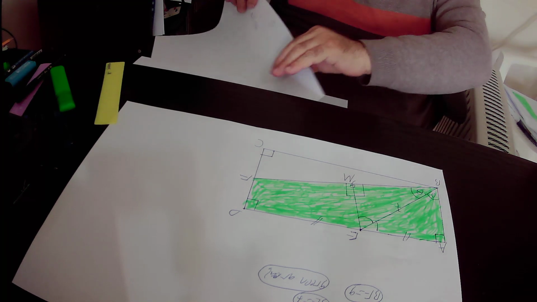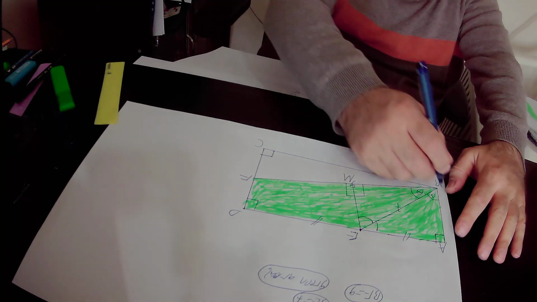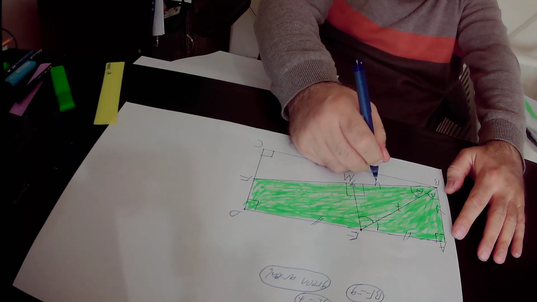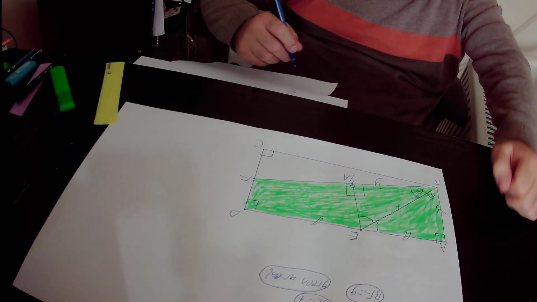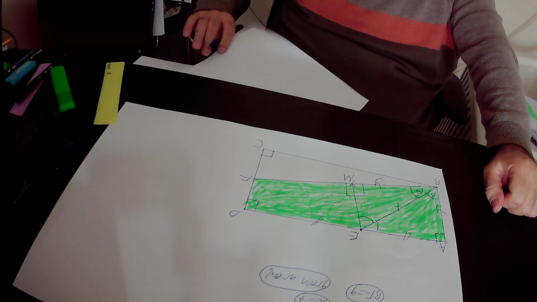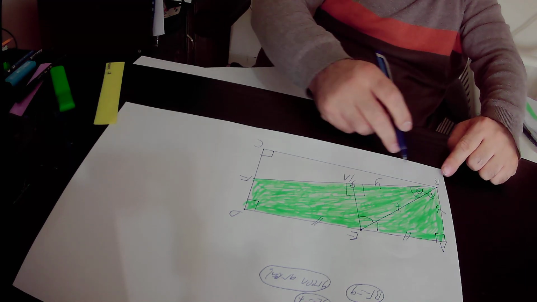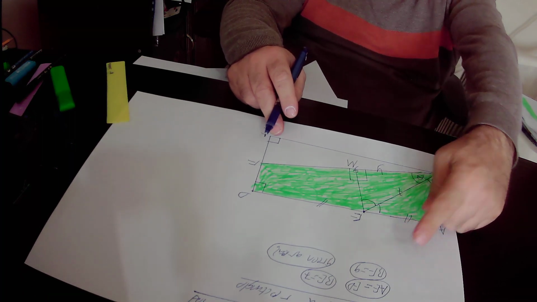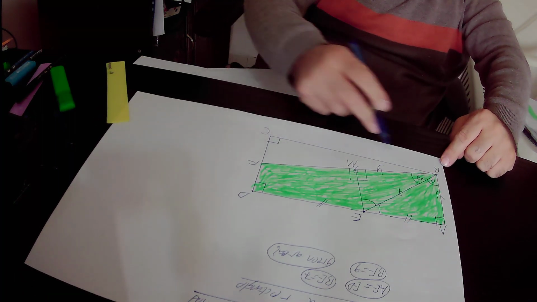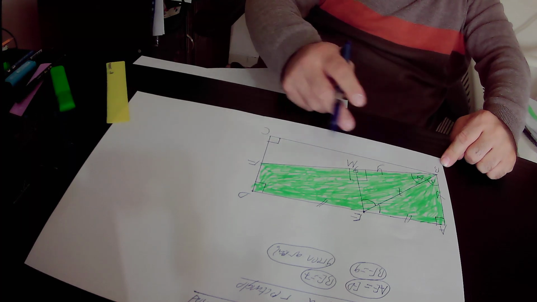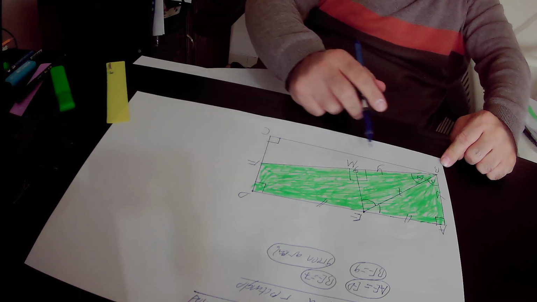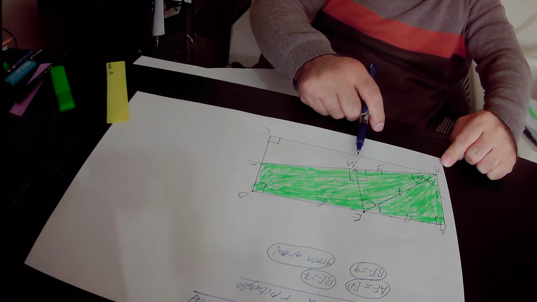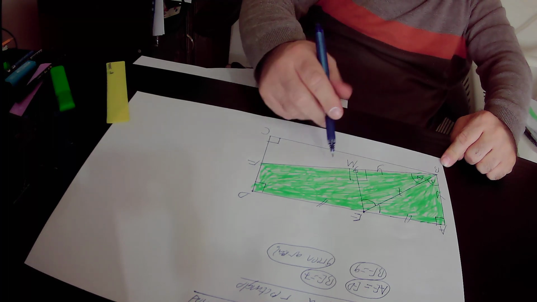And if we define AB as y, then BM will also equal y. So if BF equals 9 units, then BF minus BM equals MF. So BF, that is 9 units, minus BM, that is y, is actually 9 minus y.